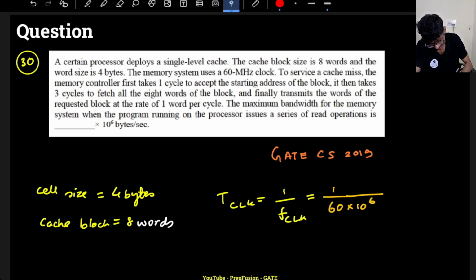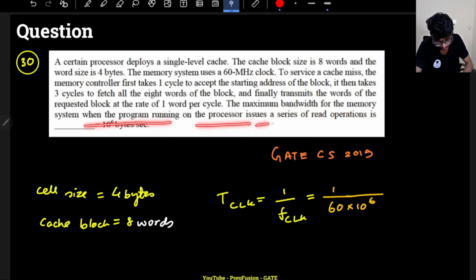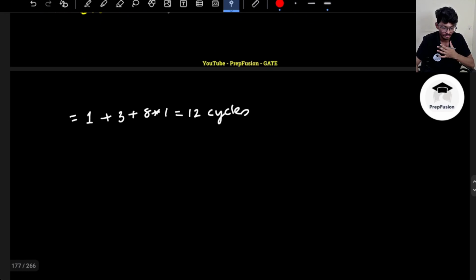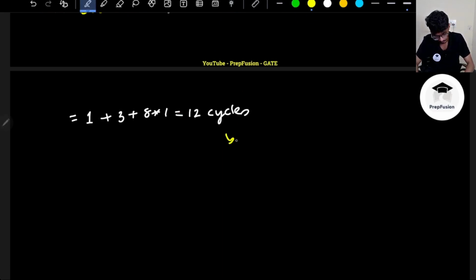So now what they are asking is the maximum bandwidth for the memory system when the program running on the processor issues a series of read operations. What is the maximum bandwidth? Basically they are telling me at what speed I can operate, how fast is this memory system, right? So it is taking me 12 cycles to transfer how many bytes?